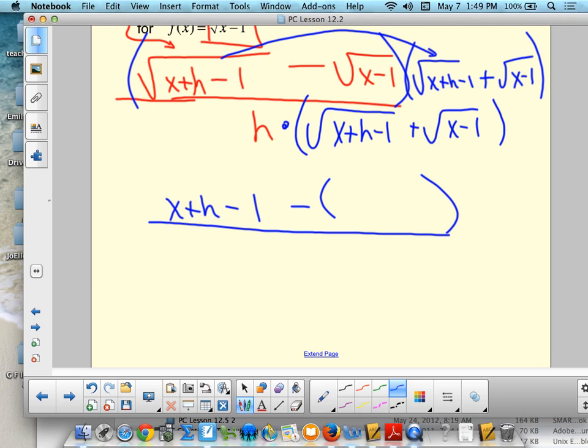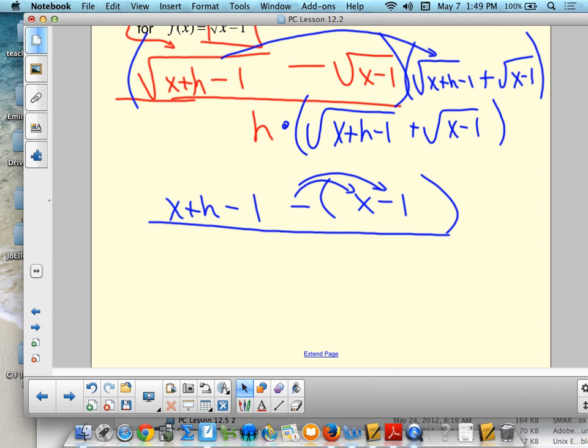What is the square root of x minus 1 times itself? X minus 1. And here's the problem: it wasn't minus 10 or minus 12, it's minus x minus 1. Which means you have to distribute the negative and get negative x plus 1, over this little mess here.